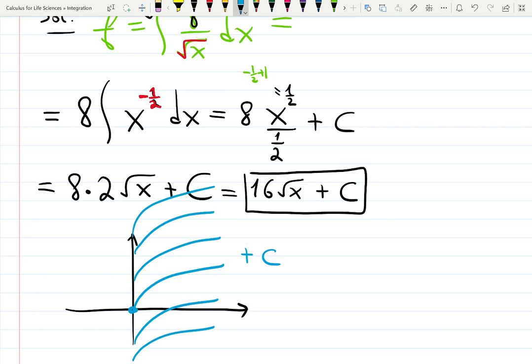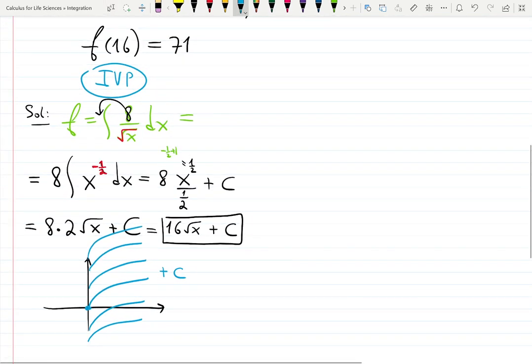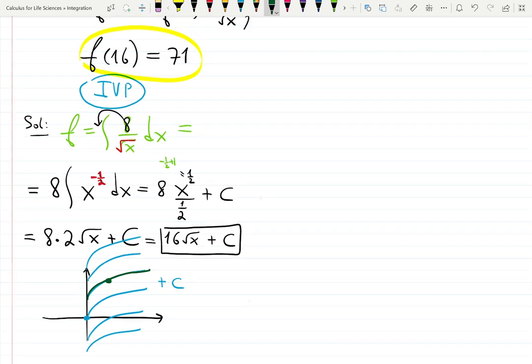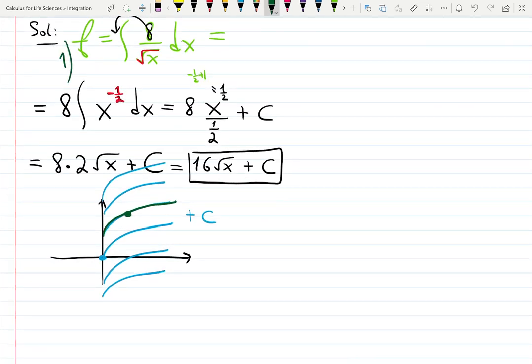To choose the particular solution is called general solution versus particular solution. We will be using this given knowledge that at 16 it is 71. Only one point at 16 exists on the curve that gives you 71, and that one point will fix the solution because they don't intersect. So that was step 1, integrate.